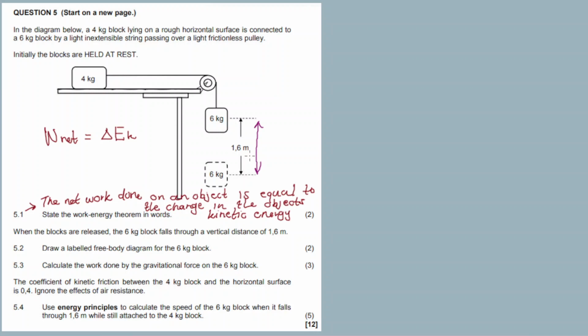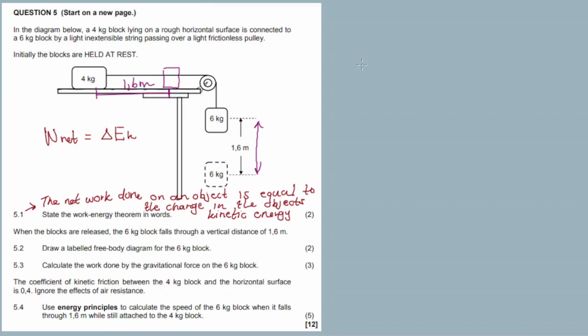What's going to happen to the 4 kg block as the 6 kg moves? Obviously the 4 kg block moves too, but by what distance? Obviously, it's going to be 1.6.